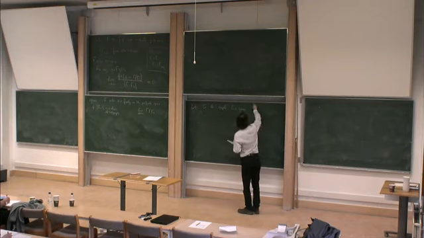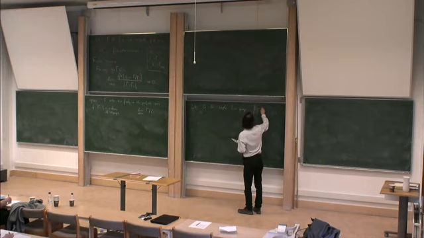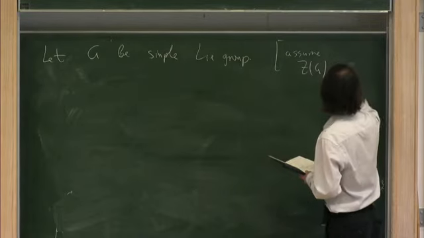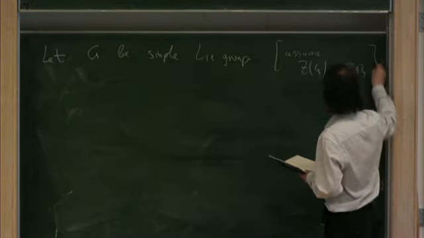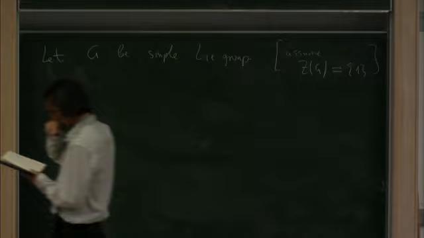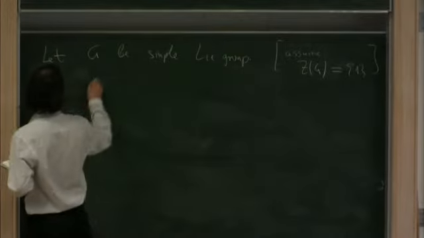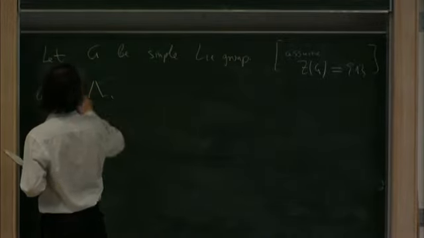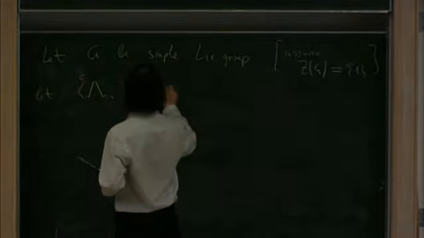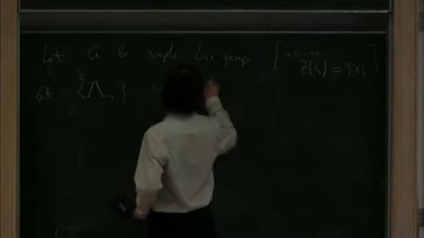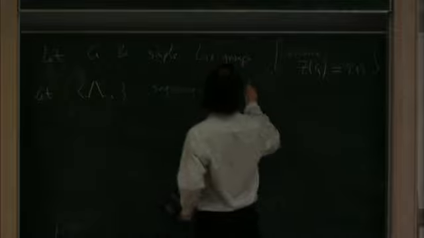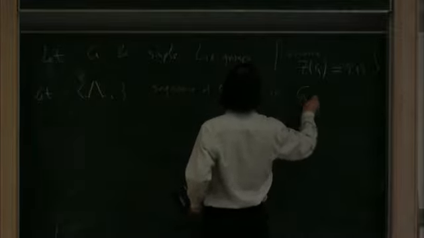Most of the time I assume it has trivial center, but for this definition you don't really need it. Now let gamma_i be a sequence of lattices in G.